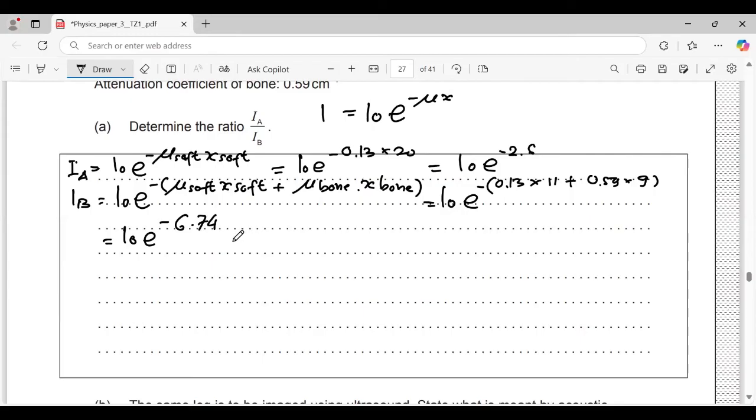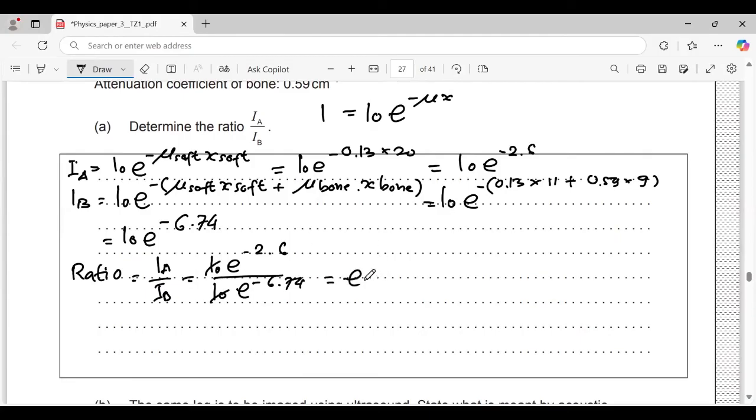After that, if you calculate the ratio IA over IB, IA is I0 e power minus 2.6 over I0 e power minus 6.74. I0 divided by I0 becomes 1.